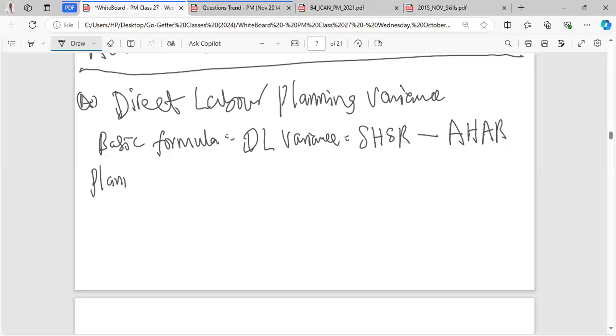So you now say planning variance. The direct labor planning variance will now be, we said in our planning variance, we replace actuals with revised standard because it is between standards and revised standard.